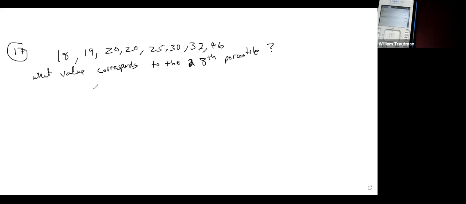And the formula is on the next page. C equals n times p divided by 100.